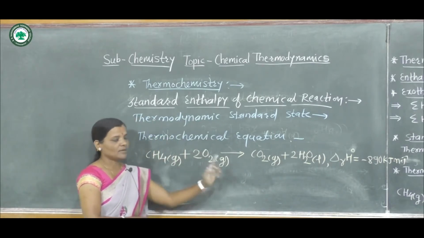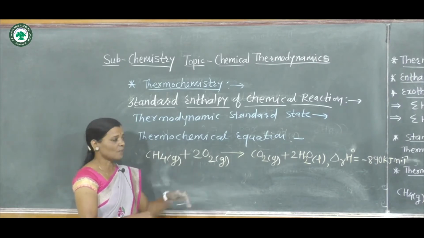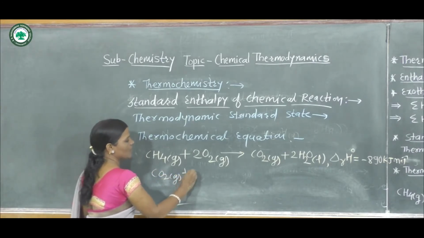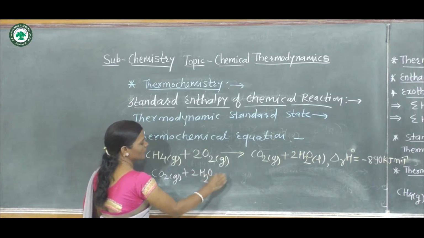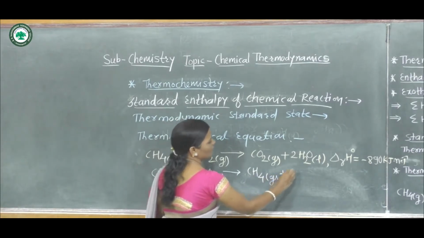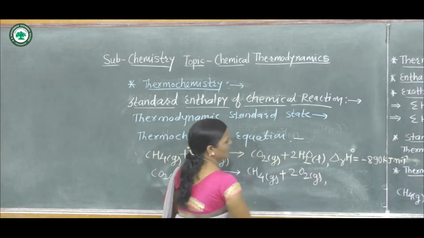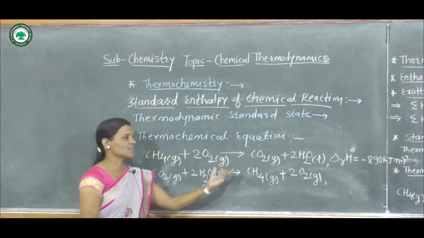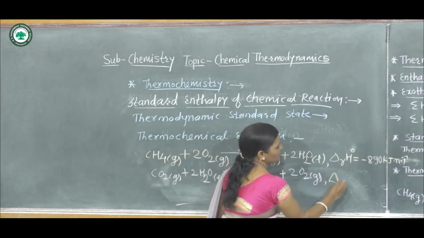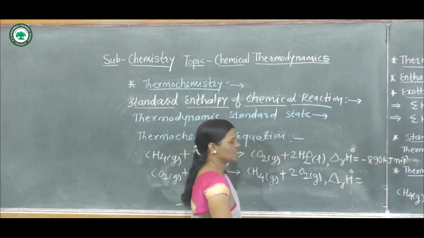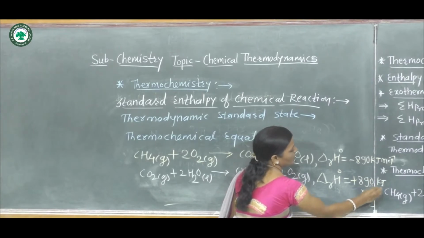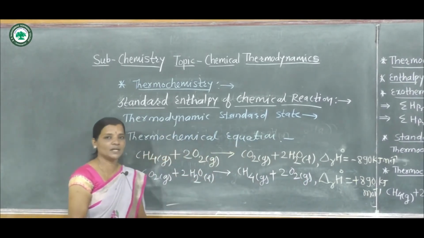Now if we write this equation in the opposite direction, for example, CO2 gas combines with 2 moles of water liquid, and we get formation of methane gas plus oxygen gas, then this is the backward reaction of the first reaction. In this equation the standard enthalpy change is plus 890 kilojoule per mole.